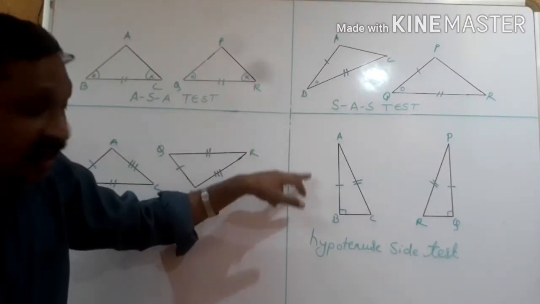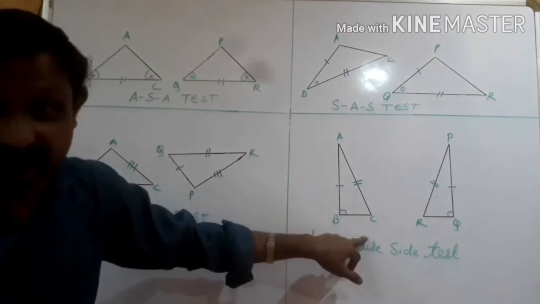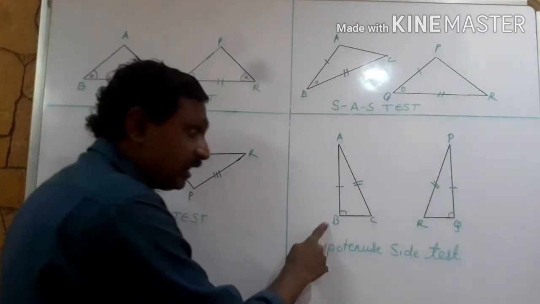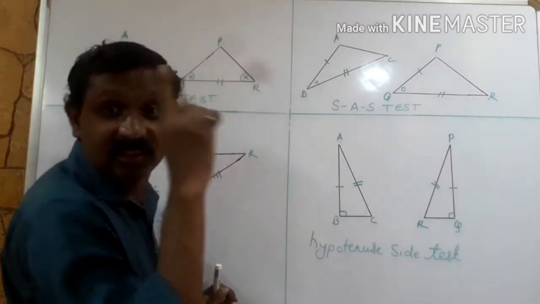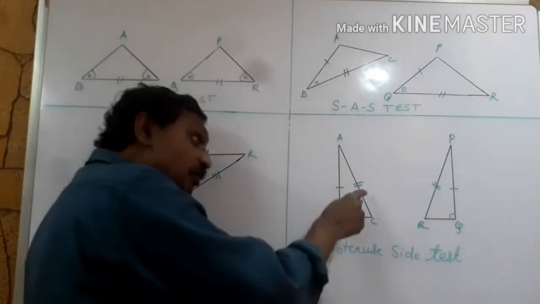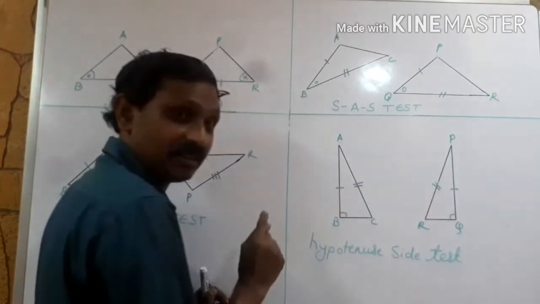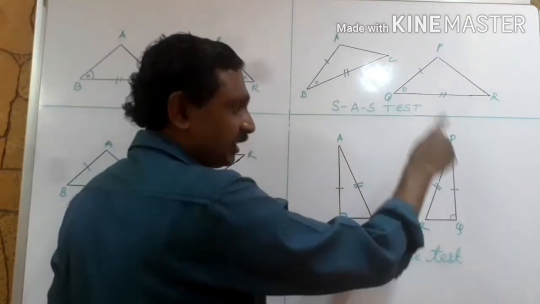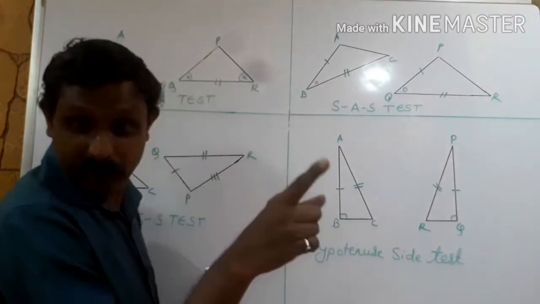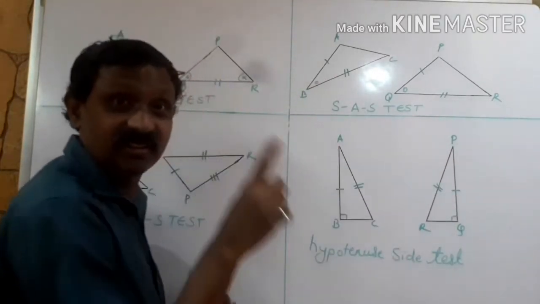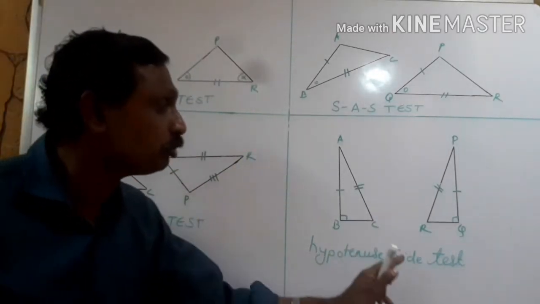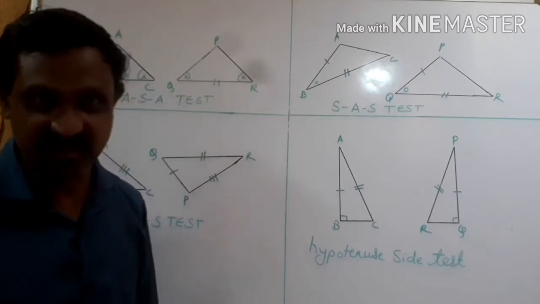If in triangle ABC and triangle PQR, angle B and angle Q are right angles, hypotenuses are equal, side AB is equal to side PQ, then the triangles are congruent by hypotenuse side test.